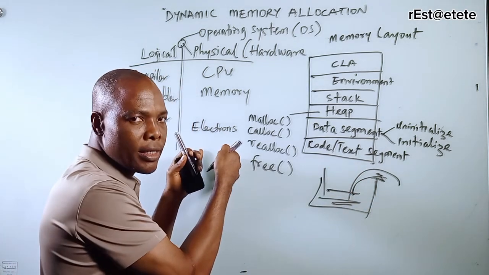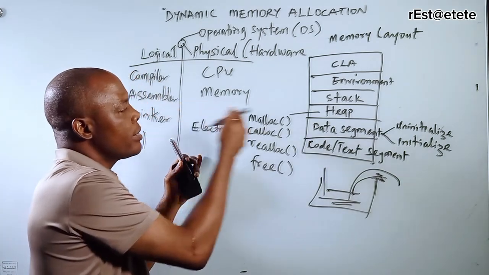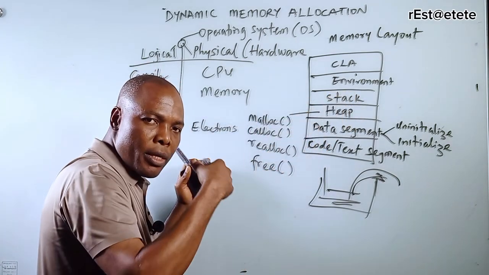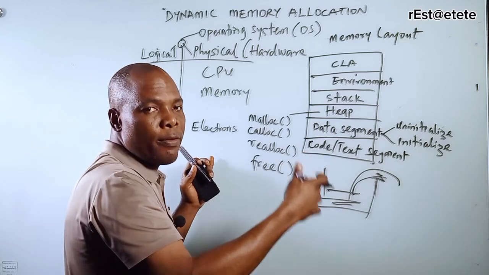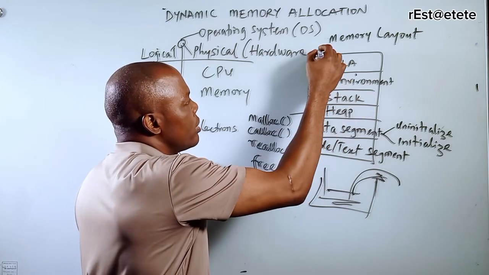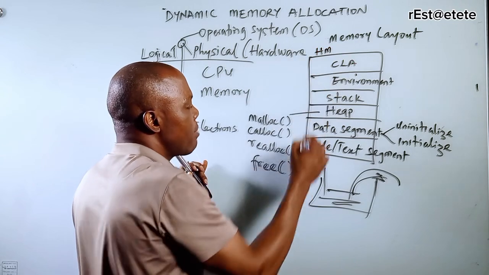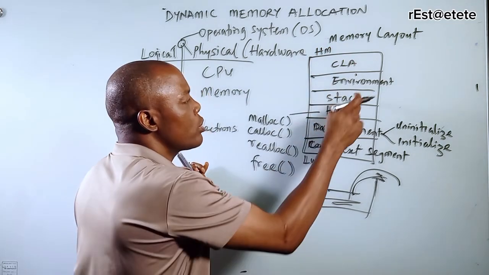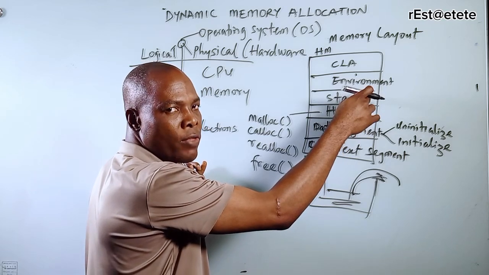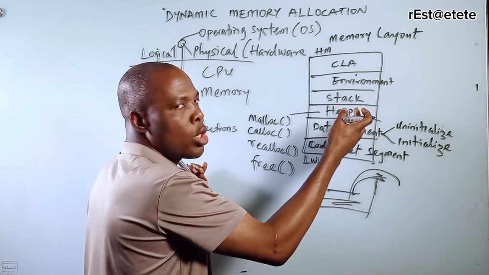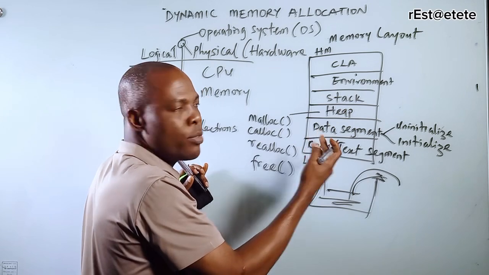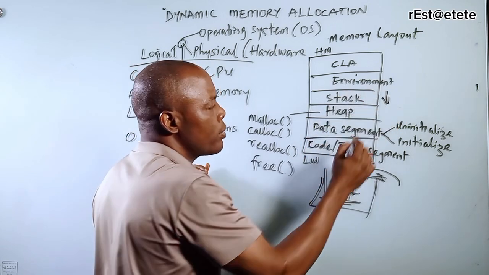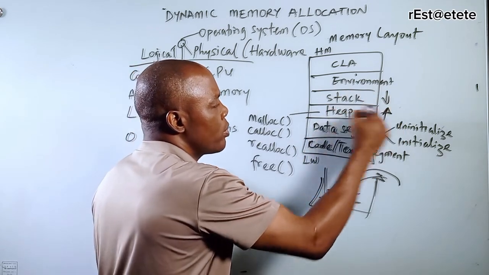But on this side, when you call the main function, it is actually stored because this is the higher memory, this is lower memory. So the main function actually goes into the higher part of the memory. The next function you call will go right under it. So this stack is growing downward, while this heap is growing upward.